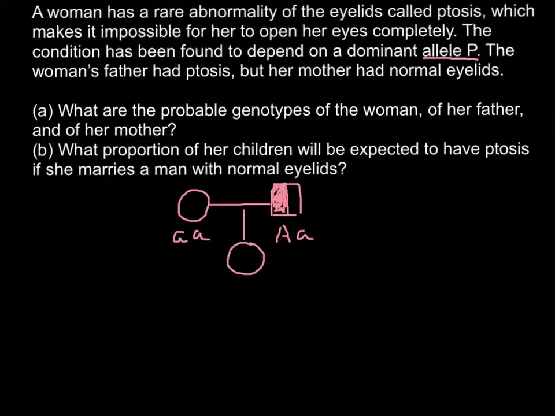So as long as we have a phenotypically normal mother, who is also going to be genotypically normal and would have two normal alleles, that is small a, that means that this affected daughter here would be heterozygous, just like her father.